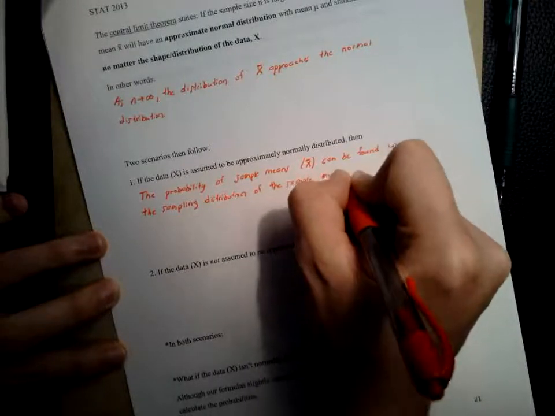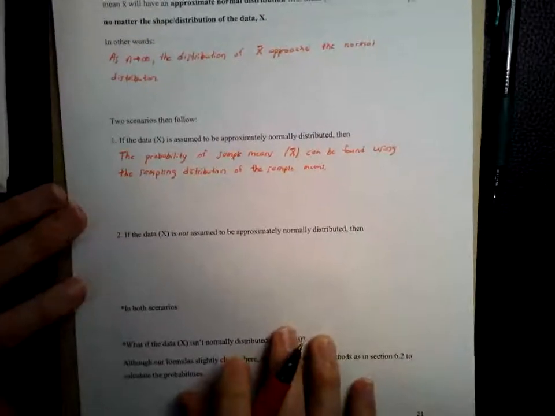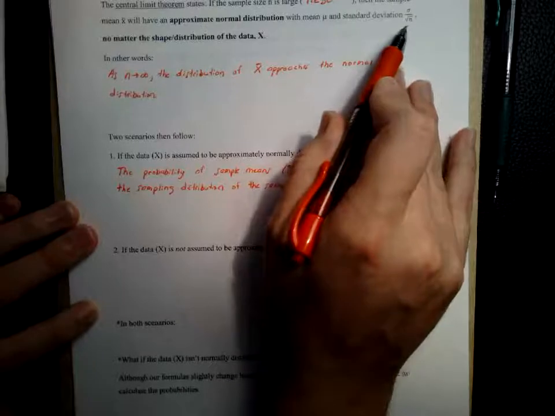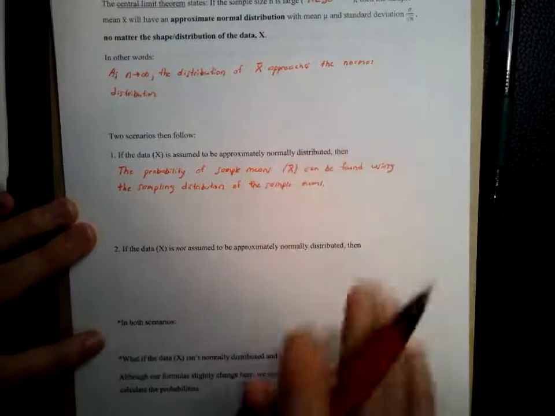And what is that distribution? We just talked about it on the previous page. It was normal with a mean mu and a standard deviation sigma over the square root of n.